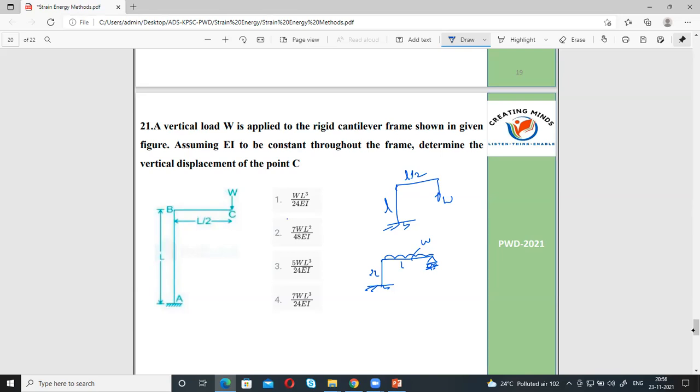So in this case, you are getting U equals 48L. So you have to just try to remember these things.